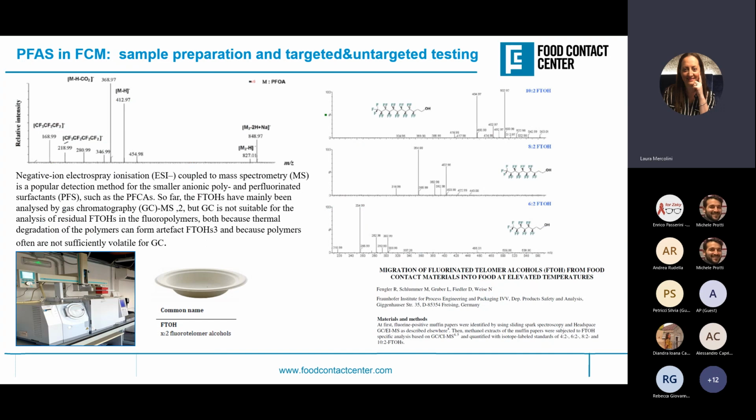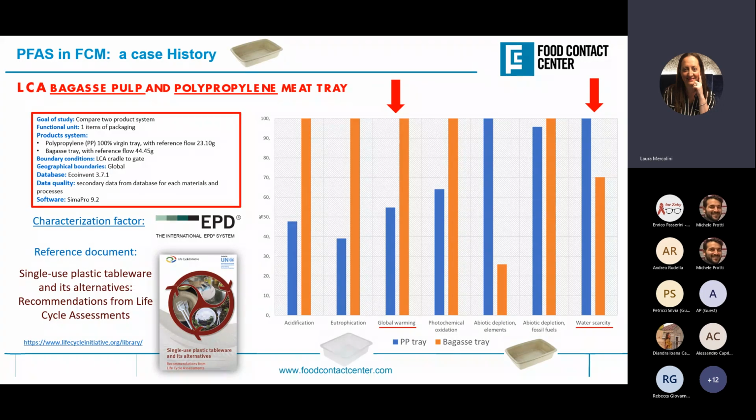And we can see in that document also some specification about the instrumental conditions, and it is also clarified that it's necessary for the lower molecules to use the GC-MS approach, and there are also other studies that refer to GC-MS testing. That's why in our lab we also perform some GC-MS screening.